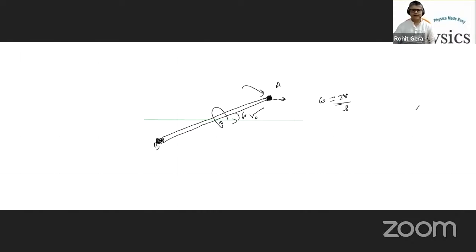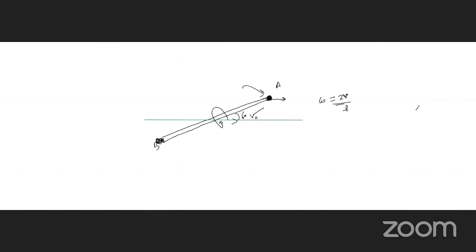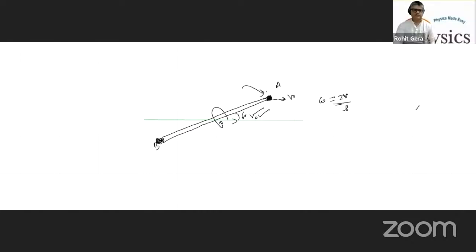So point A has a linear velocity, which is the same v naught, and it also is spinning. This angle is 60, and whatever is tangential to it. How will this angle be determined? This is omega r, because it is spinning at that point and also moving forward.